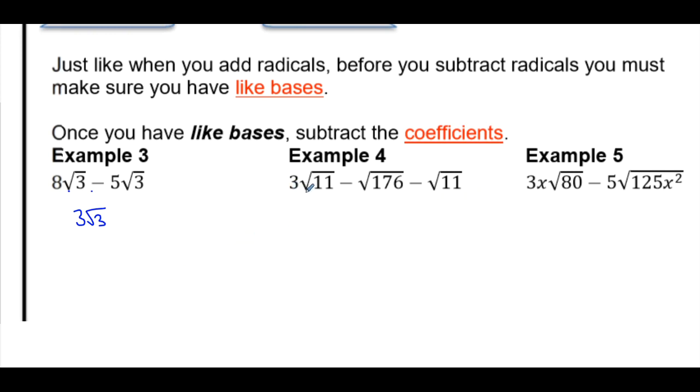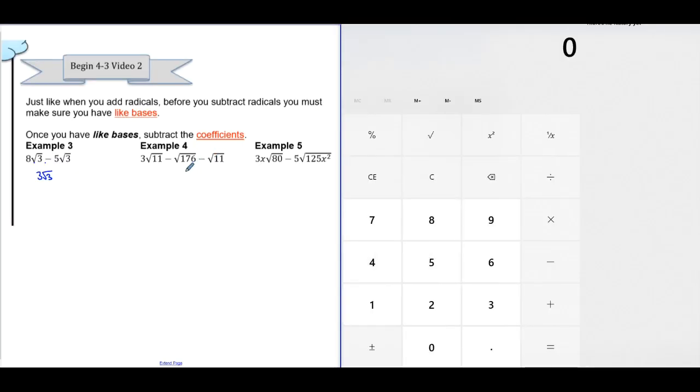Now over here, I've got 11 and 11, and then I've got this square root of 176. So I'm going to need to simplify that a bit. I pulled up a calculator because nothing comes to mind immediately about 176. I can tell that it's divisible by 2 because it ends in an even number. If I divide that by 2, I get 88.